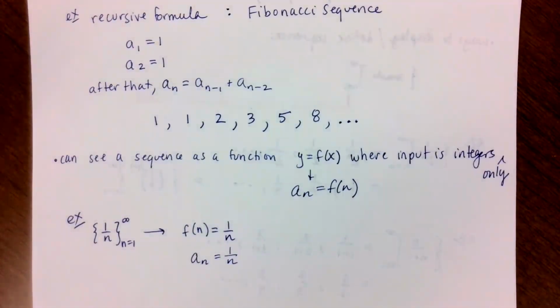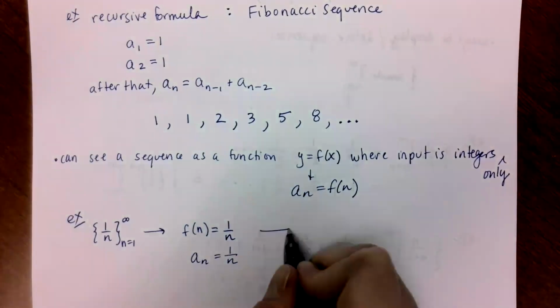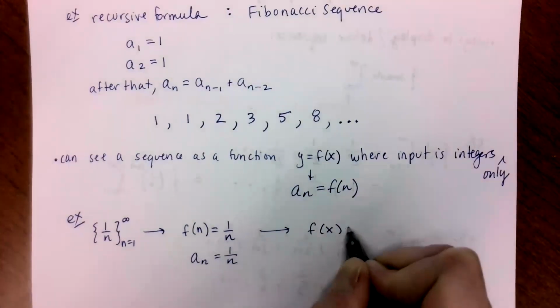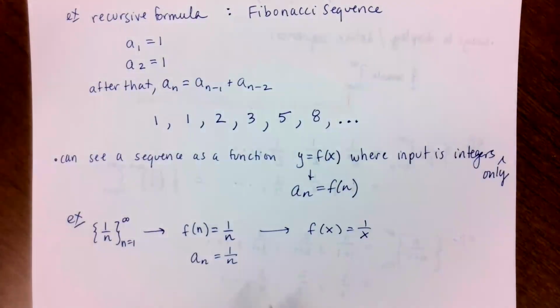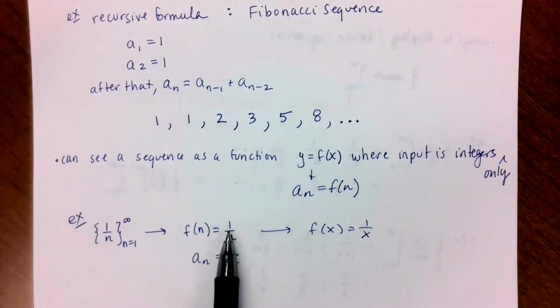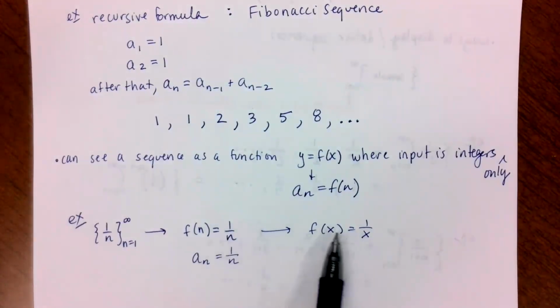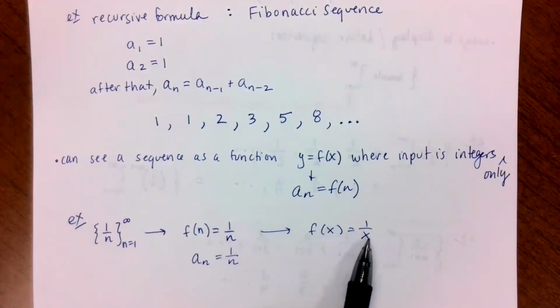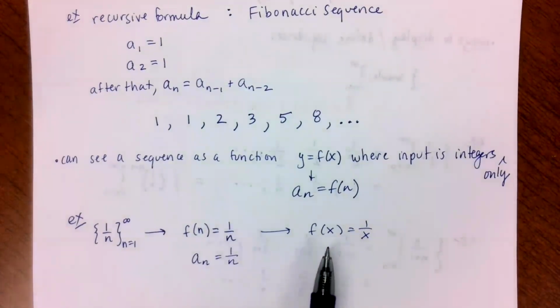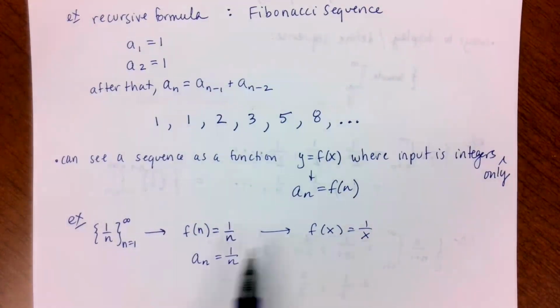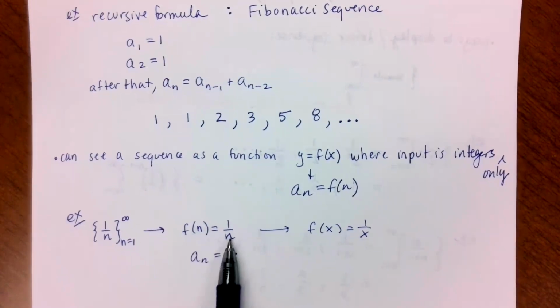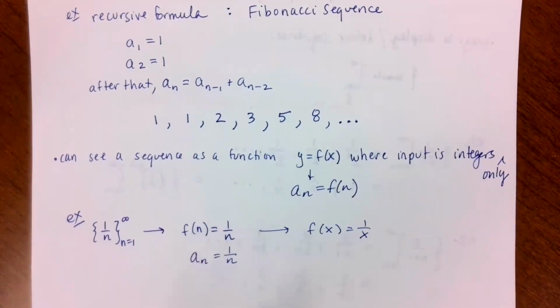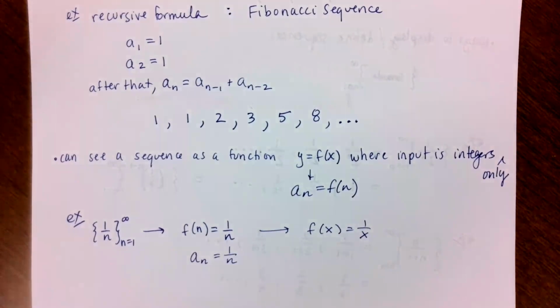But you could also kind of compare this to the continuous function f of x equals 1 over x. These are exactly the same formula. And when you change the letter here, like to t, f of t equals 1 over t, they mean the exact same thing, they make the same shape. It's just sort of this like implied mental difference now that when you see the n show up, the inputs are restricted to integers. This perspective does help us think about sequences graphically though.